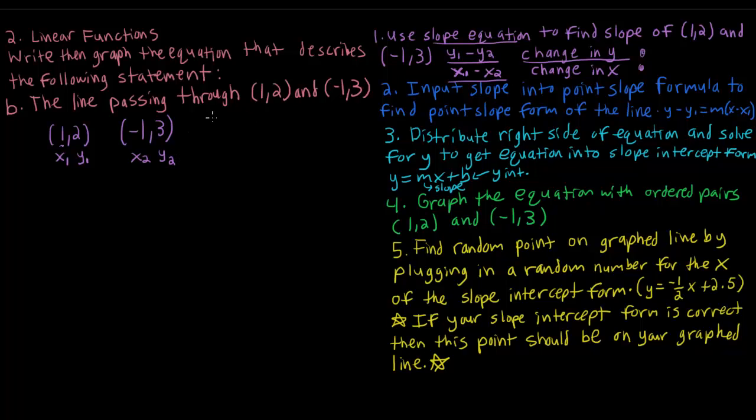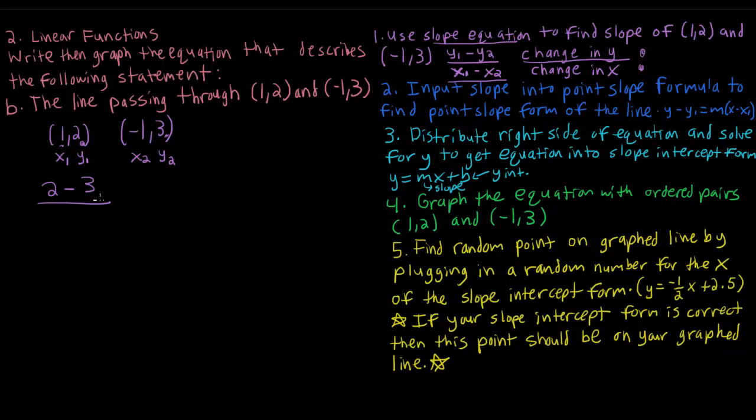Now that we have those set, we're going to plug these numbers into the slope formula. So first thing we need is y1, which right here we can see is 2. So it'll be 2 minus y2, which is 3. So 2 minus 3.